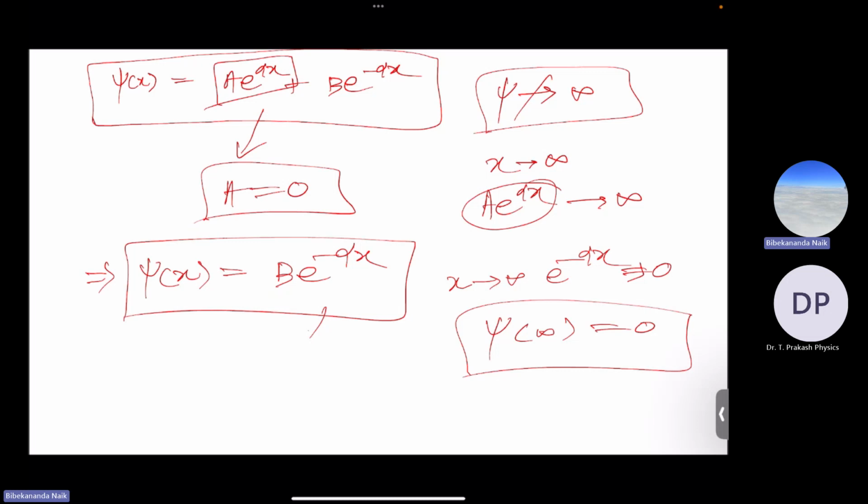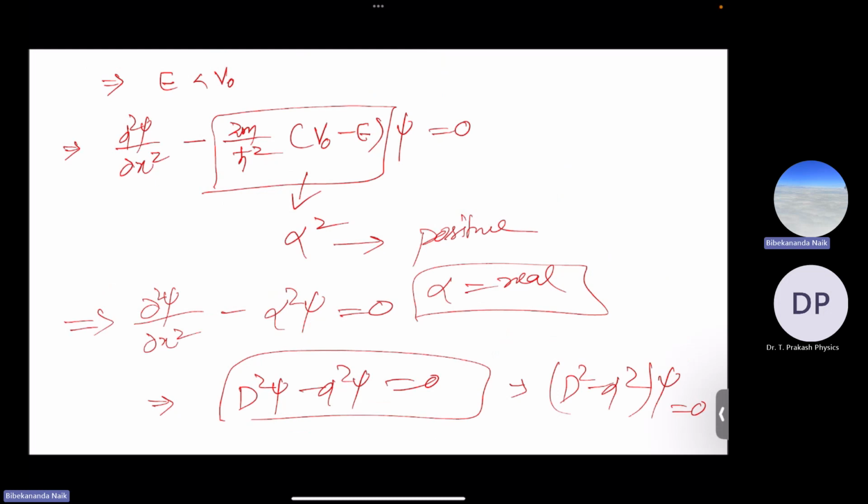Because in this region the value of x is 0 to infinity, and within this range there is no value at which the wave function will be infinite. So this will be the correct answer.